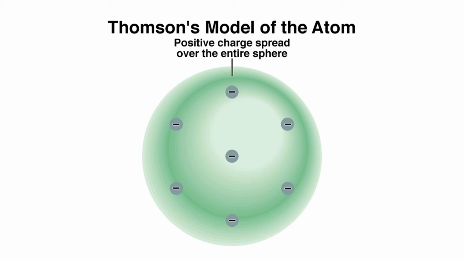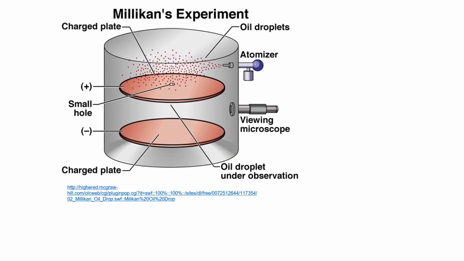So Thomson proposed another model of the atom, which is sometimes called the plum pudding model. And he described the structure as positive charge uniformly throughout a sphere in which electrons were embedded. And that's a description of a famous, or a popular dessert, I should say, in England. So the plum pudding model was Thomson's model.